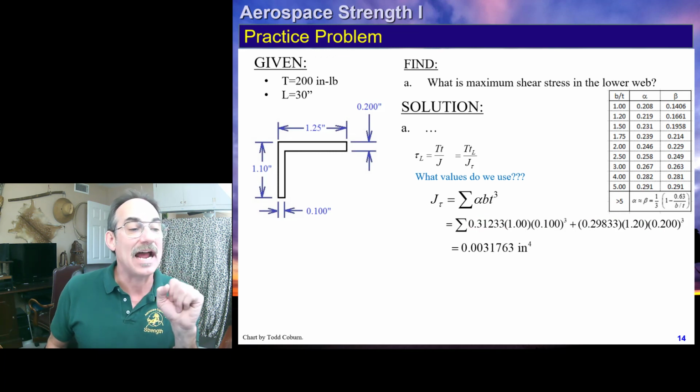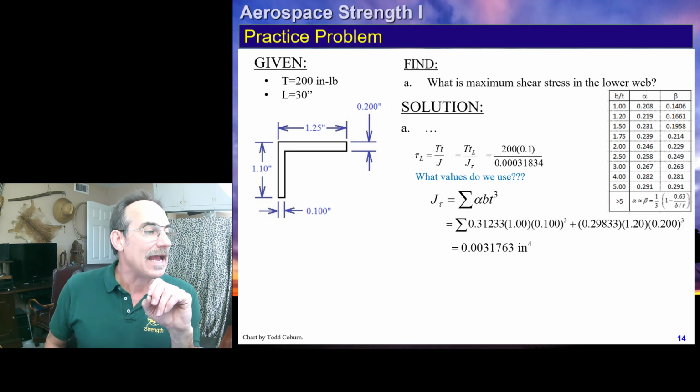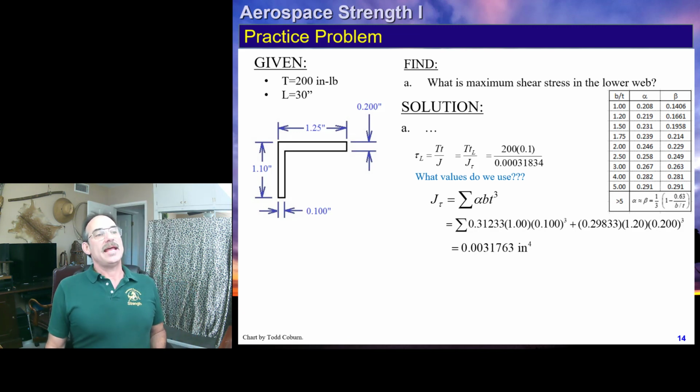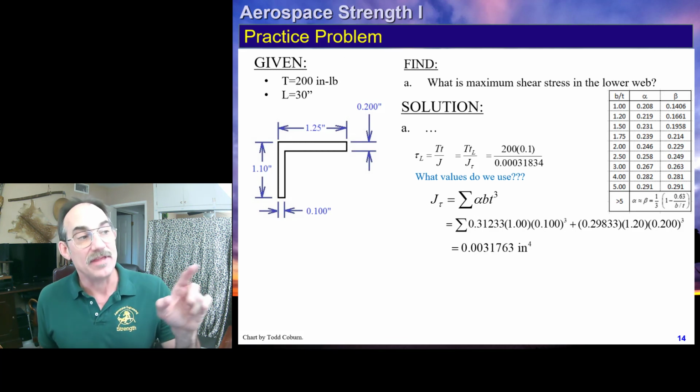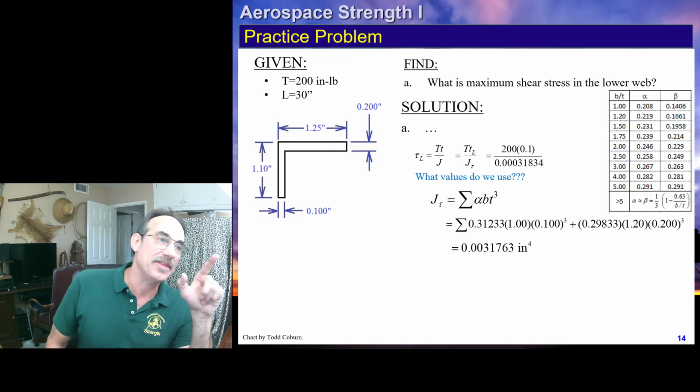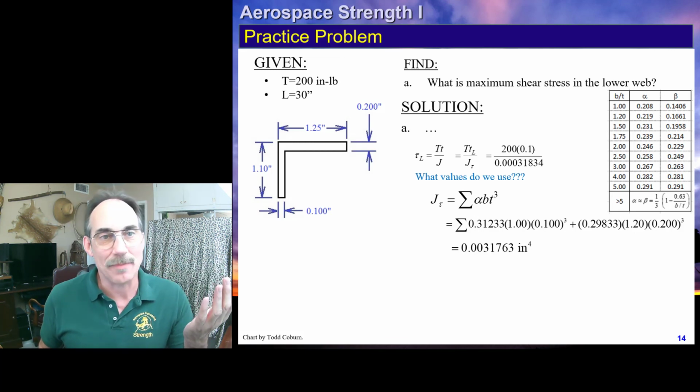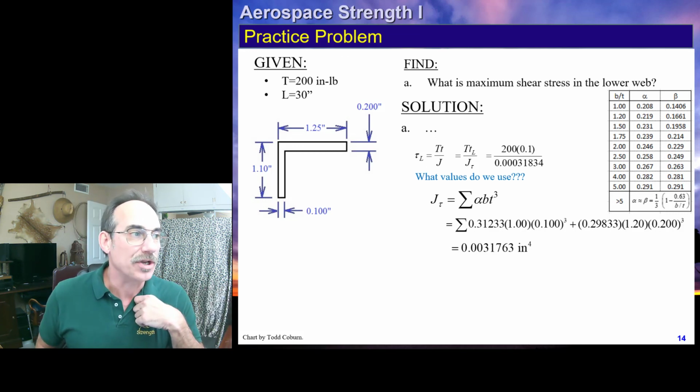That's the J of the entire cross section. Now, if we wanted to calculate the max shear stress in this part, we would have then taken T of the thicker flange over J, but this problem is actually asking for the max shear stress in the lower flange, and so that means we're using the thickness of that flange to get the shear stress there.